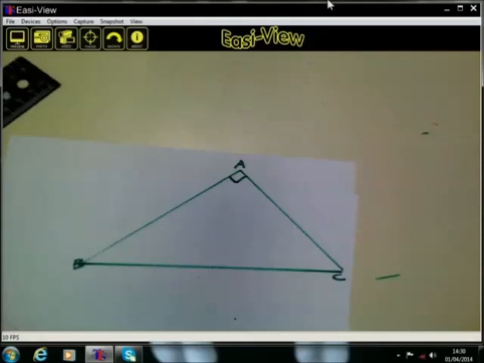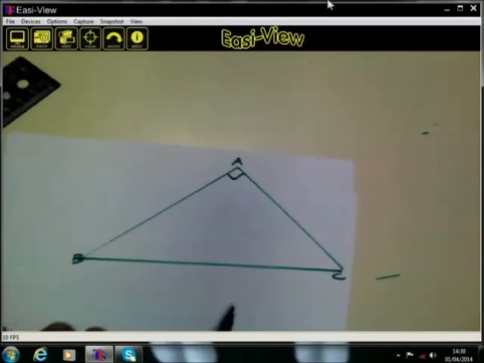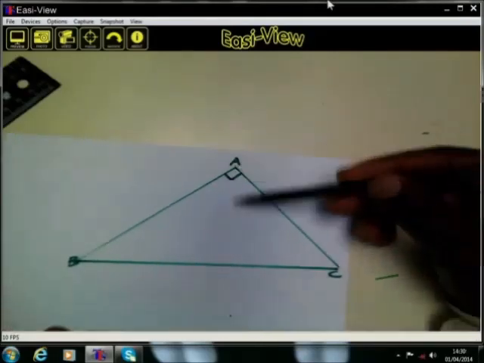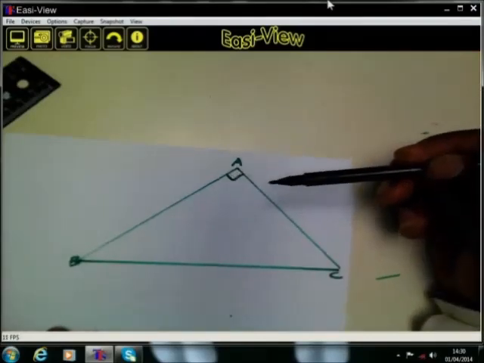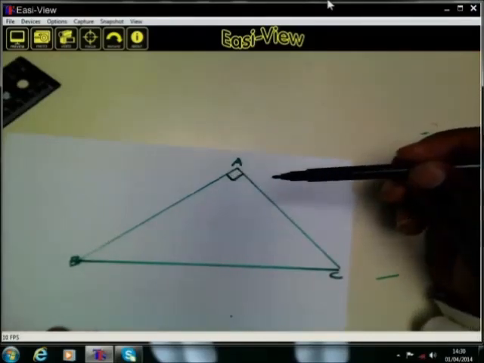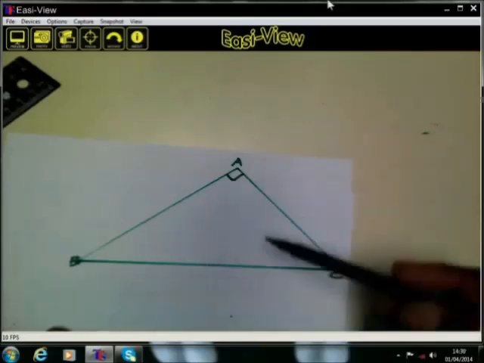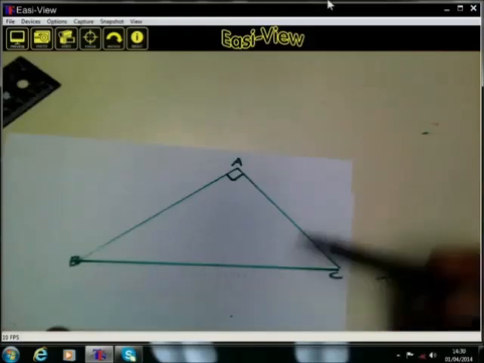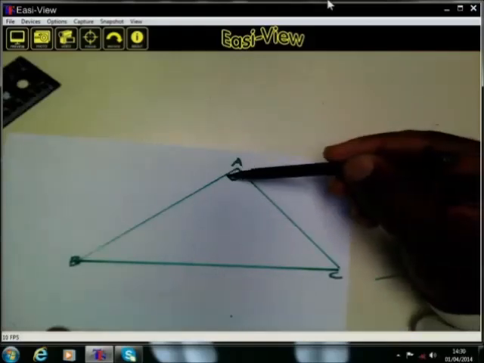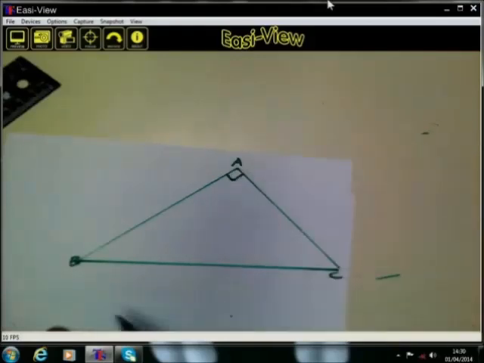And what is interesting about this is that the side which is opposite to this must always be the longest side, which becomes the hypotenuse. The side which is opposite to this is side BC. Side BC is opposite to the 90-degree angle, and this is the longest side, which is called the hypotenuse.